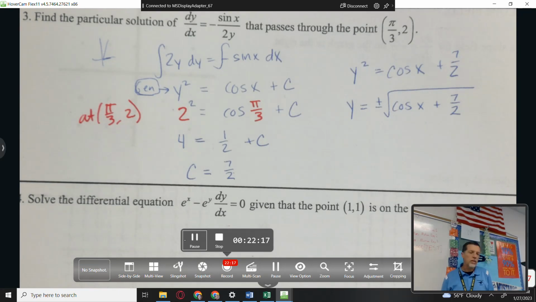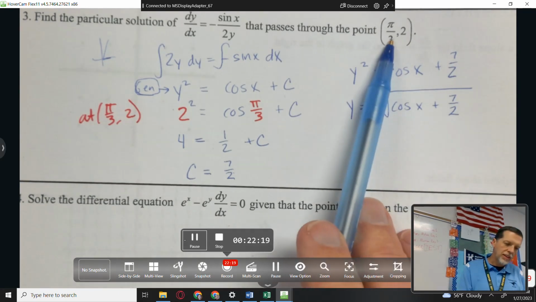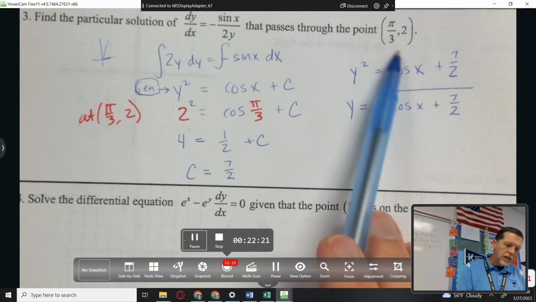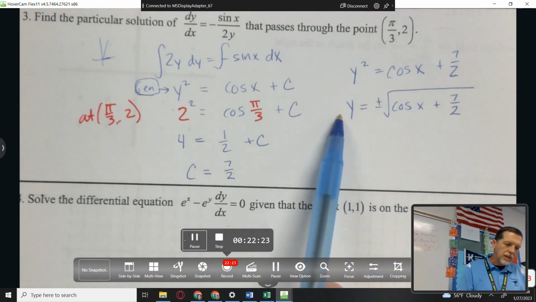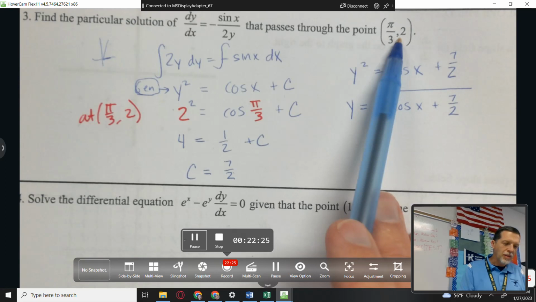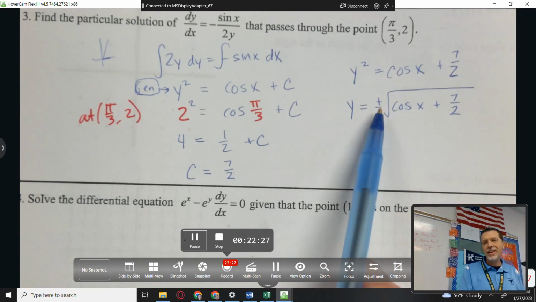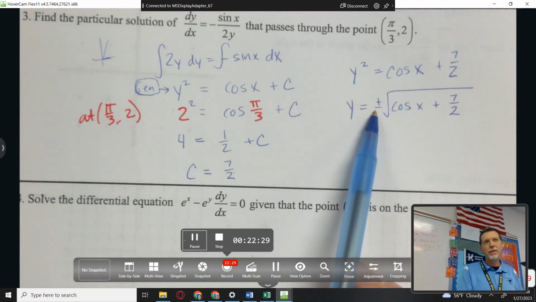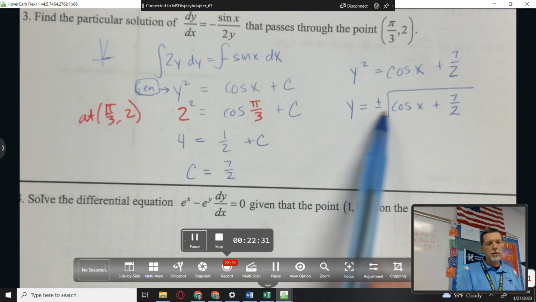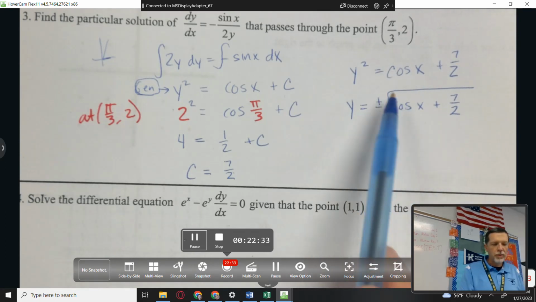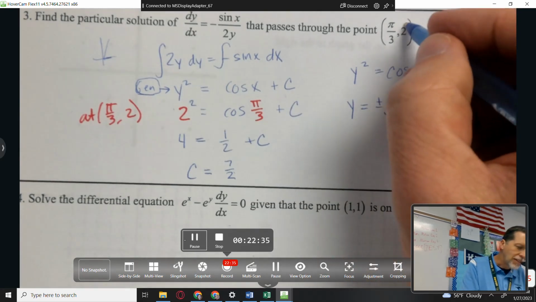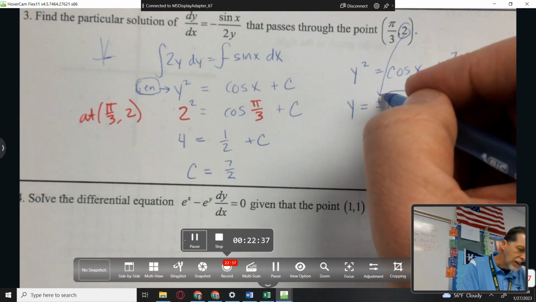So once again, you plug this in and see what works. But not really, because the y value is positive, so I need to take the plus one. It's not really that big a deal. If you want 2 for your answer, you're going to need the positive one.